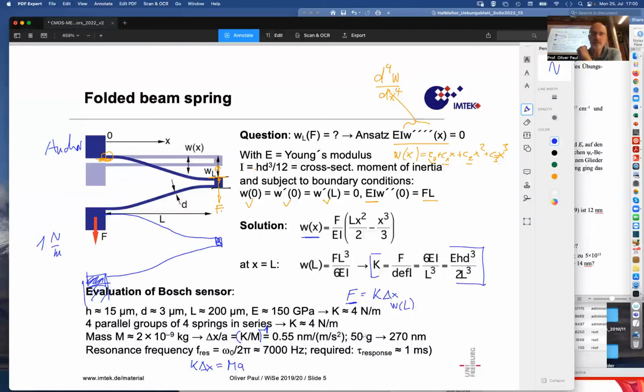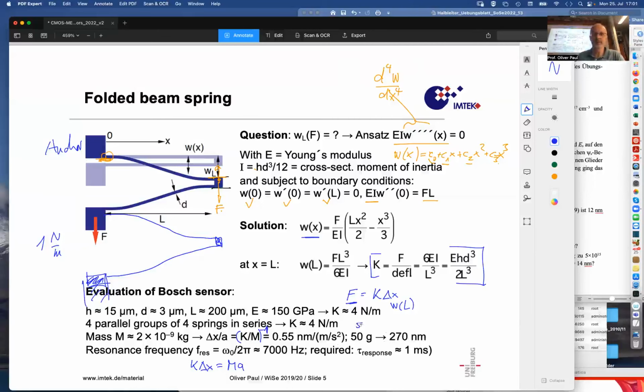Okay, so if I apply 50G, 1G is what we experience here. Now imagine that multiplied by 50, that would be 50G on Saturn maybe. Then the deflection would be 270 nanometers.